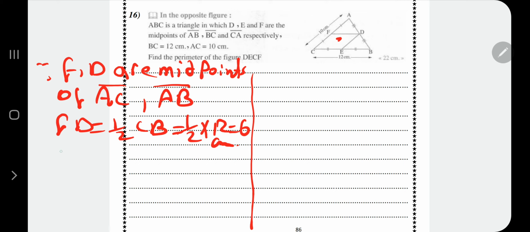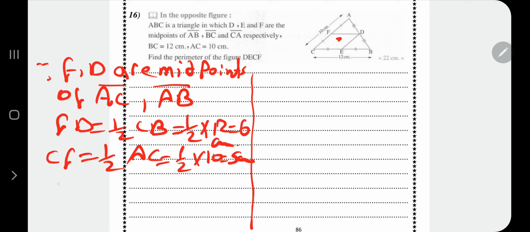Also CF equals half AC, half times 10 equals 5.